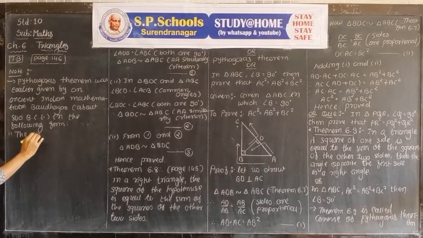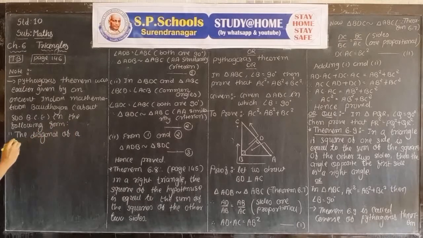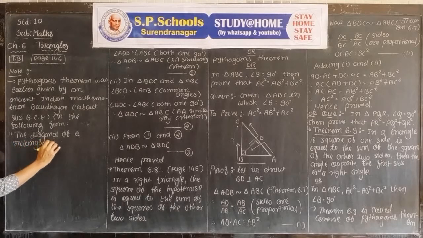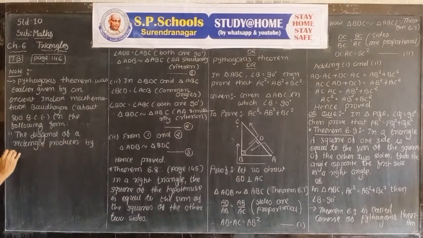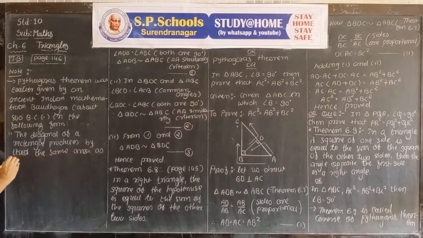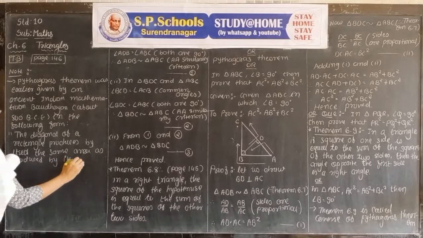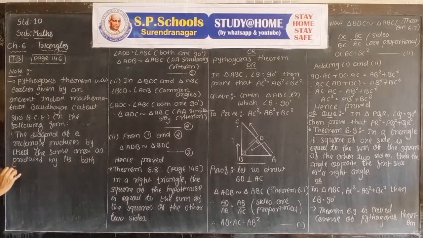The diagonal of a rectangle produces by itself the same area as produced by its both sides.